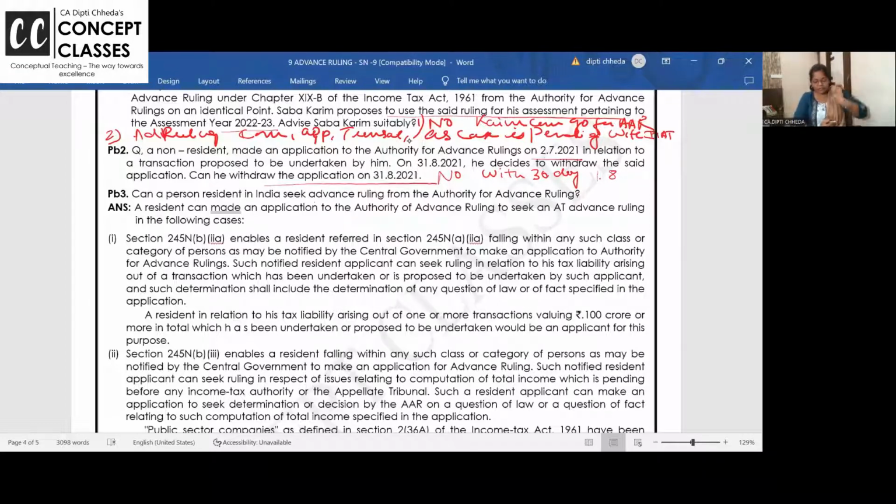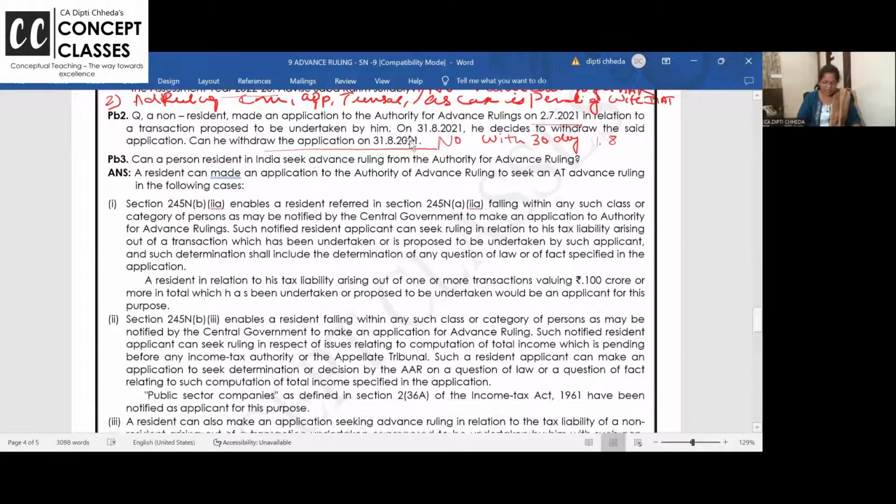Can a resident also seek the advance ruling? Now, this is a simple theory question. Yes. How many cases? 3 cases. Resident entering transactions with a non-resident, ask. Resident entering any transactions with a value of 100 crores, ask. And residents, that too PSUs and all, if they have the issue, they can ask.